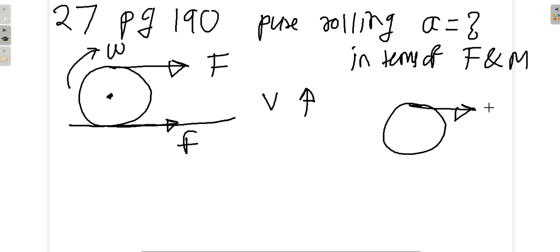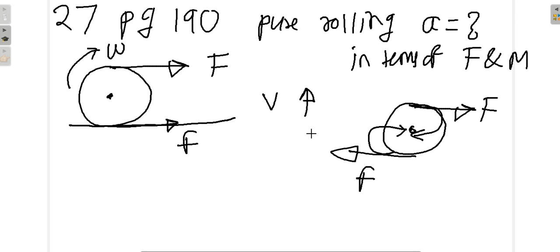Let us consider the second case, in which the force of friction is in this direction. Now this force of friction, since it is acting opposite to F, will produce a net decrease in the value of V, but what will happen to omega, you can see here. This F will produce a clockwise torque. This F will also produce a clockwise torque.